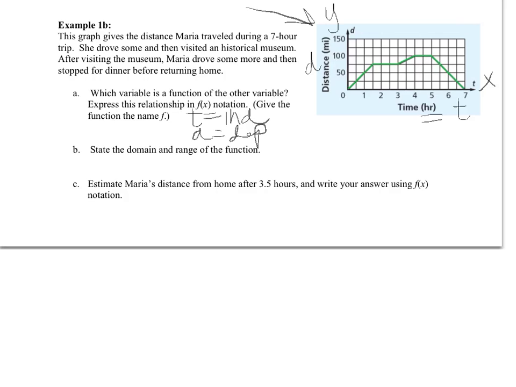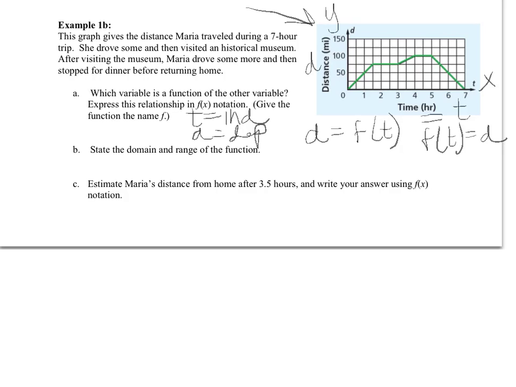We're going to express this relationship in terms of t, because distance d is a function of t. So we can say d equals f of t, or we could write f of t equals d.